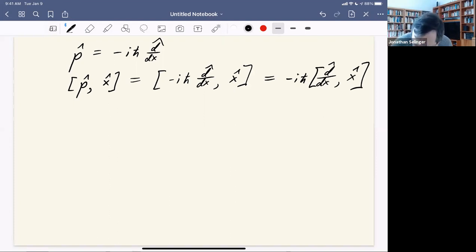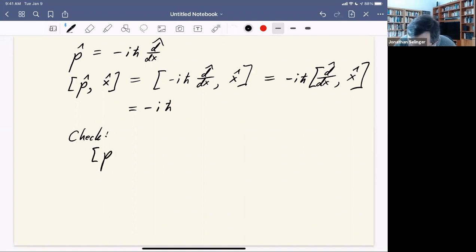So it is just negative i h bar. Now look, I just did that in my head right after telling you not to do things in your head. So how could you check that? You could check it by letting it act on a test function.